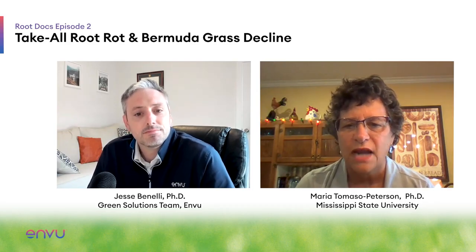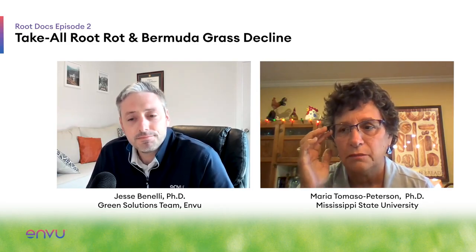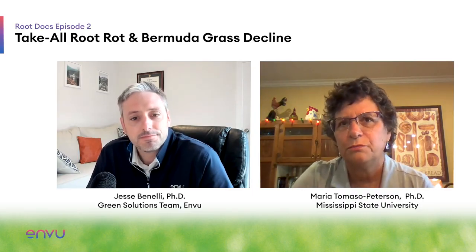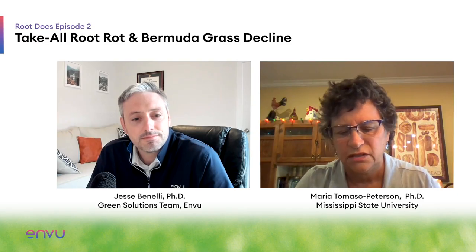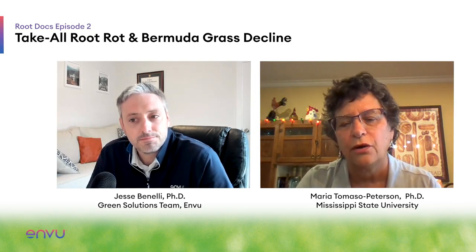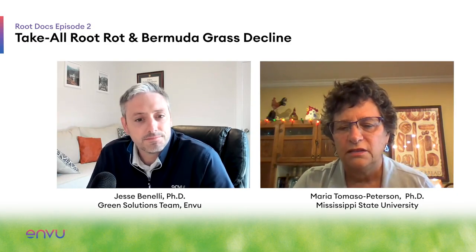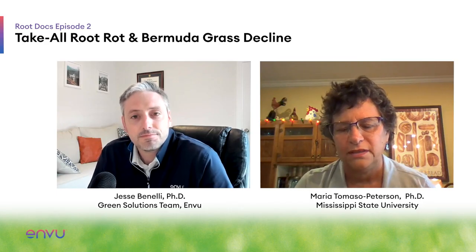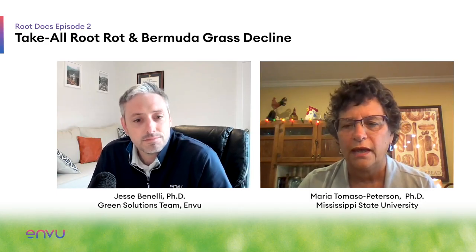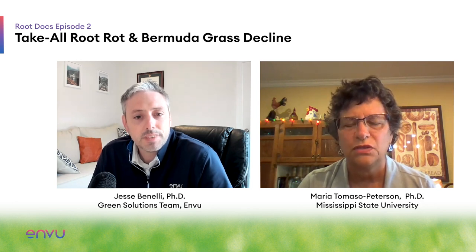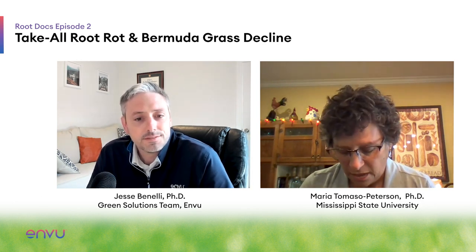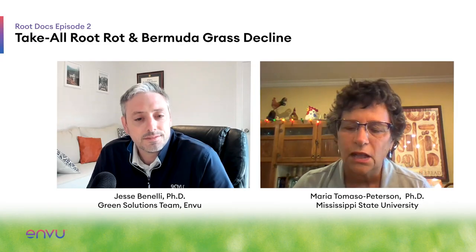It's a synonymous name now. And in the Compendium, it's referred to as Bermudagrass decline, but it also says this disease can also be known as take-all root rot. So I think take-all root rot is probably taking hold, and it better describes the disease and what's happening to the root system than decline.